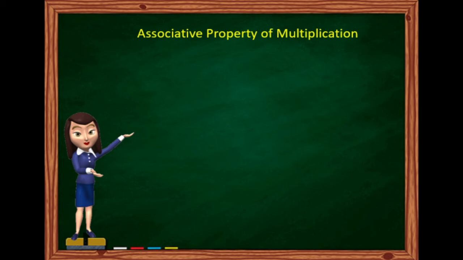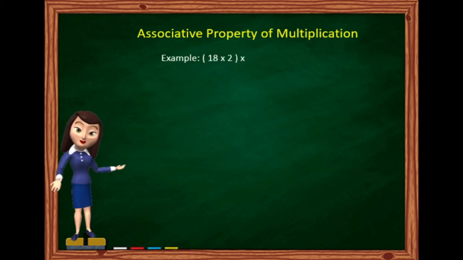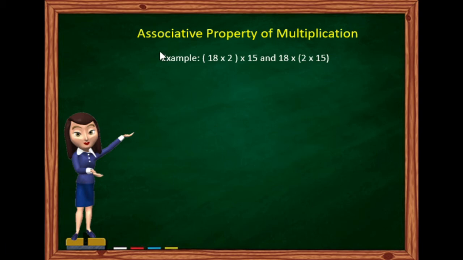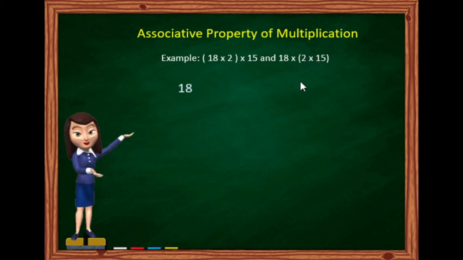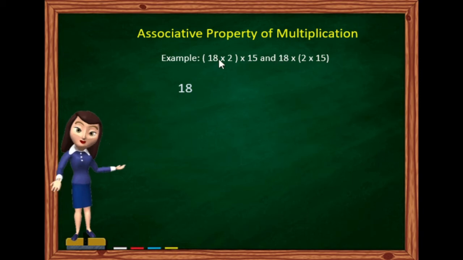Let's try to see. Example we have here: open parenthesis 18 times 2, close parenthesis, times 15, and 18 times open parenthesis 2 times 15, close parenthesis. Let's solve first (18 times 2) times 15.